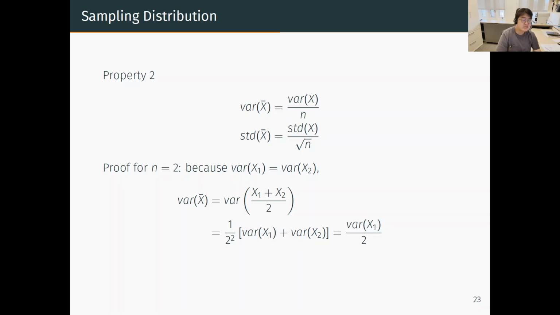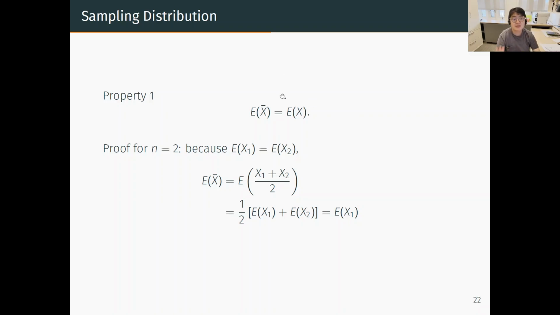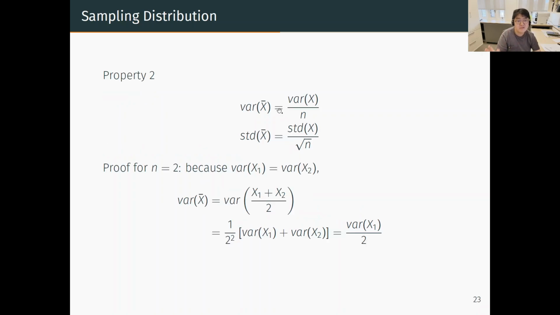It's pretty interesting. Basically, we are connecting the sampling distribution, the distribution of the average of multiple outcomes, to the distribution of a single outcome. The means are the same, but the variance is related, depending on the sample size.